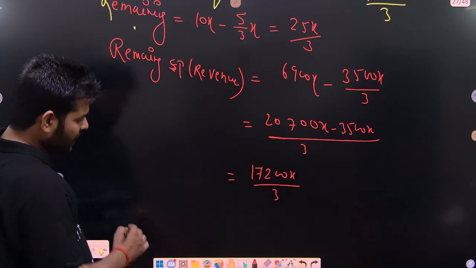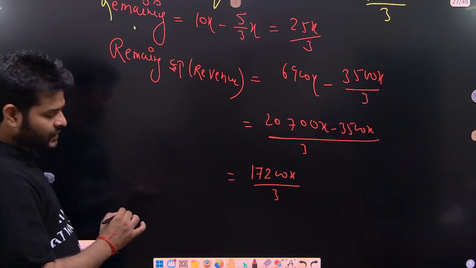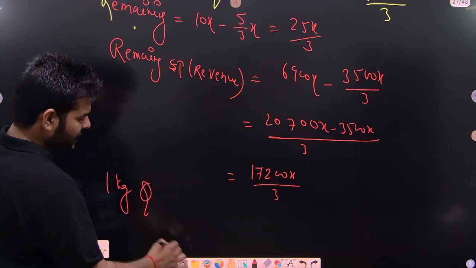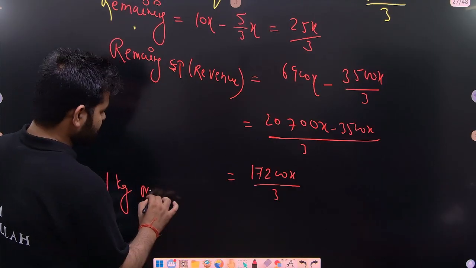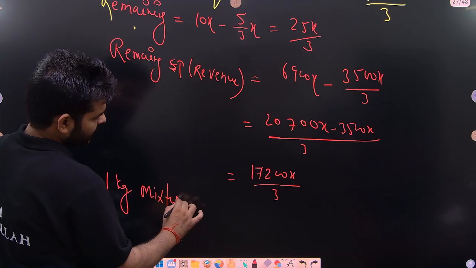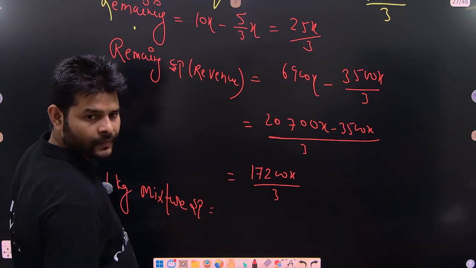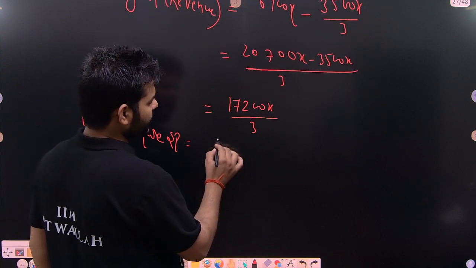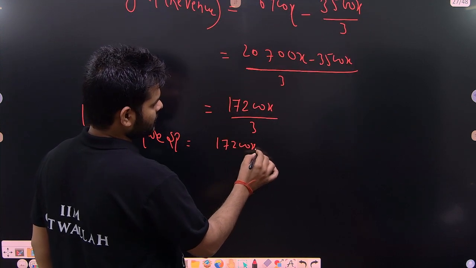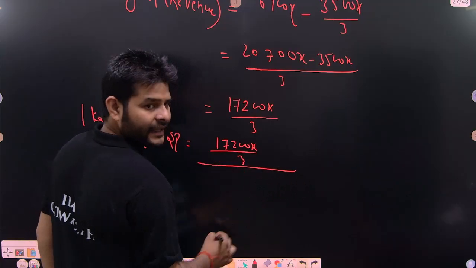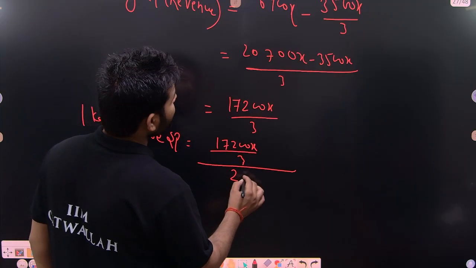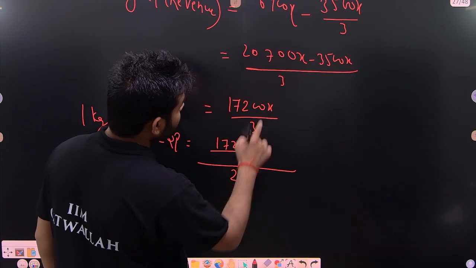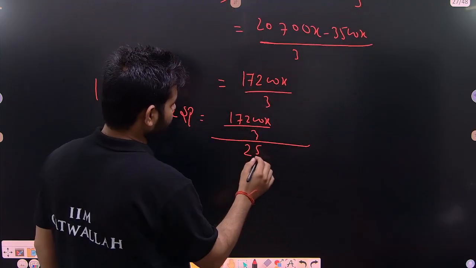So what would be the quantity? 1 kg of mixture SP: the total revenue he wants to generate by selling 25/3x.